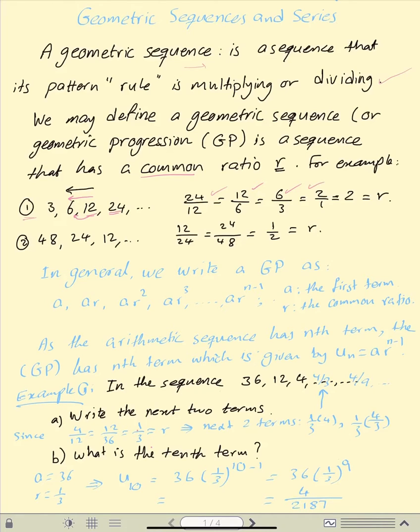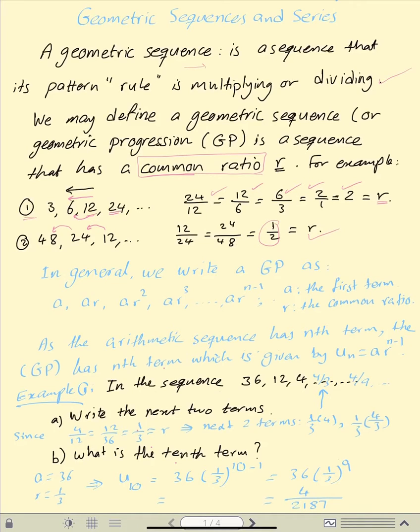Yes, it's 2. So we say the ratio R is 2. This is the meaning of common ratio. The same for example 2. It's a geometric sequence. Why? Because 12 over 24 is a half, which equals 24 divided by 48. So R is a half here.